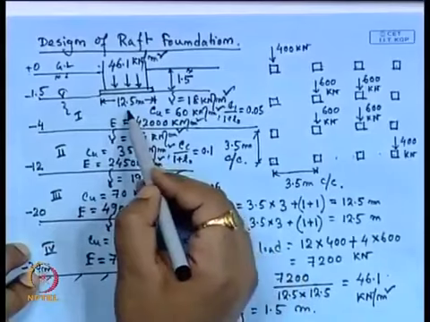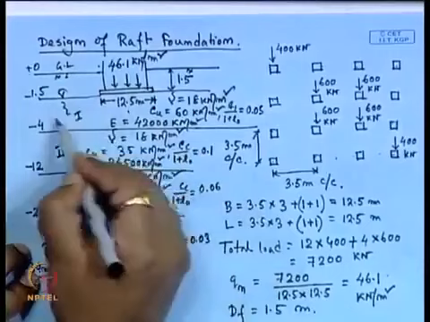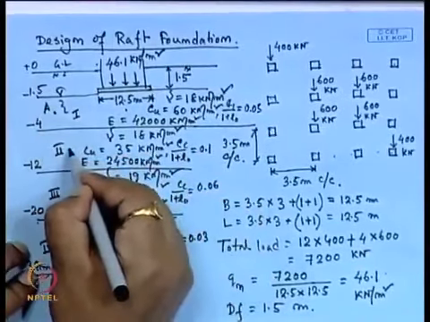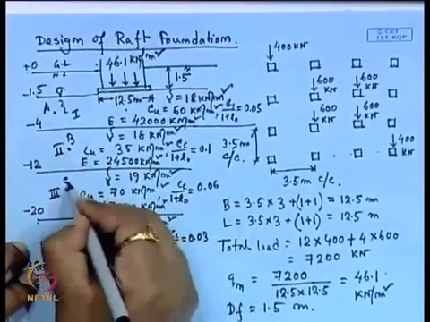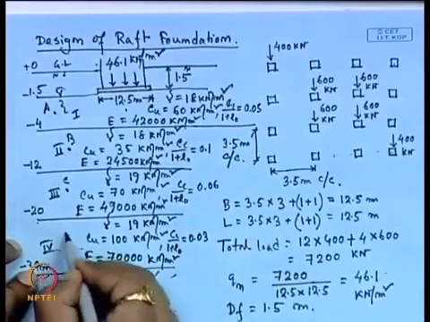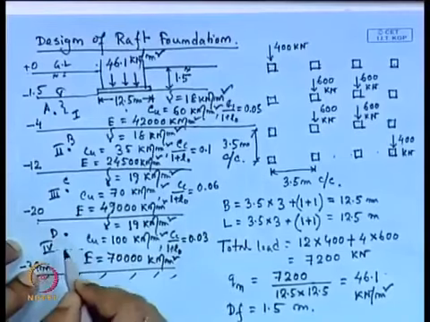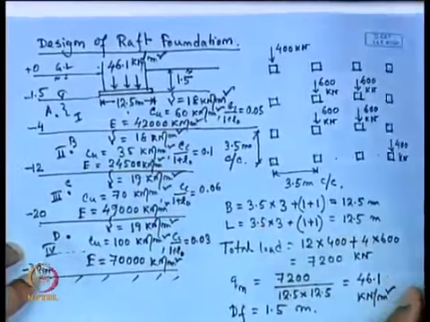So, we will choose 4 points, one here at the center, this is A point, another center of this layer, this is B point, another center of this layer, this is C point, and say the influence zone is up to here. In this layer the center is D point, and we can take the weighted E value to calculate the immediate settlement.